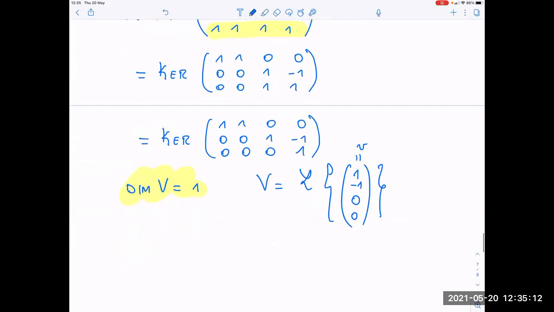So an orthonormal basis of V is just like this.